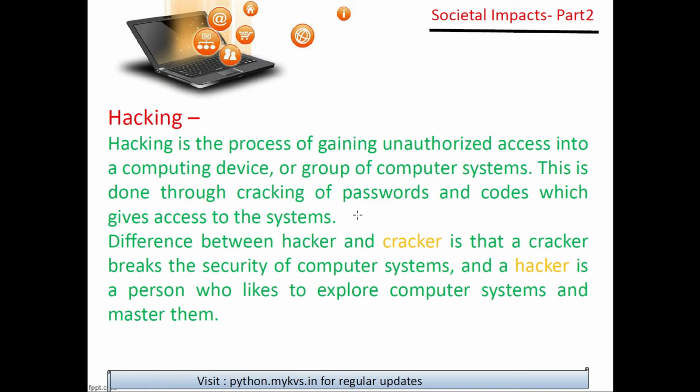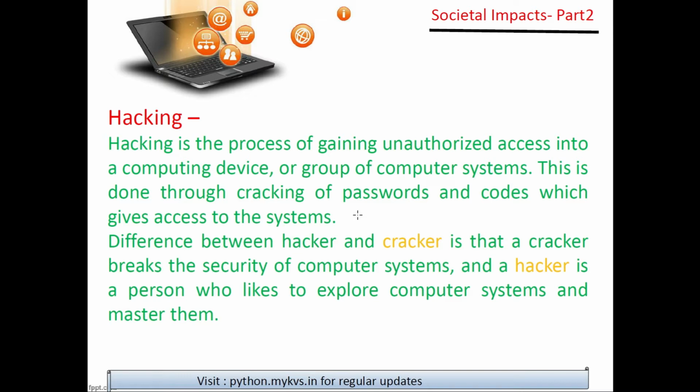If the hacker is learning, then at a later stage he will be able to provide more security tips to the general people and to the systems that are coming under that particular person or any organization. But the cracker is not like that. Cracker always has the tendency to cause harm. Okay, so that's the difference between the hacker and cracker.